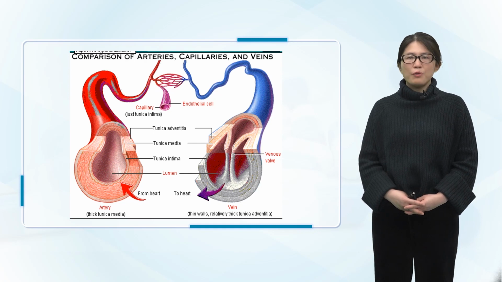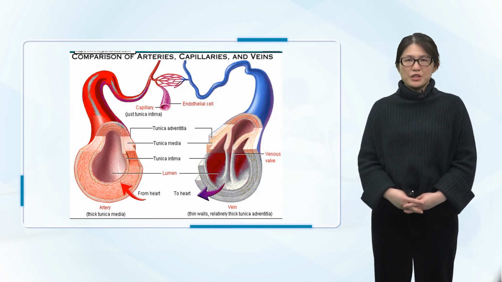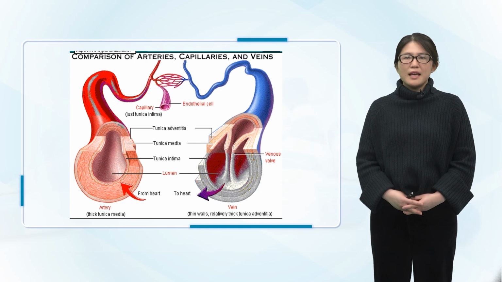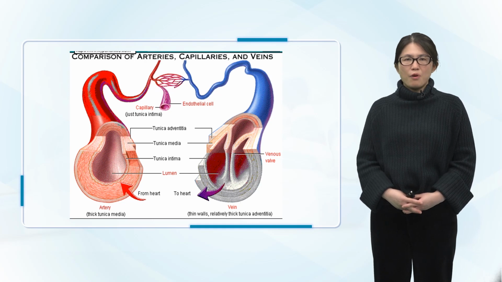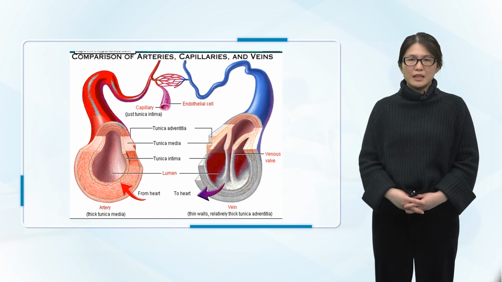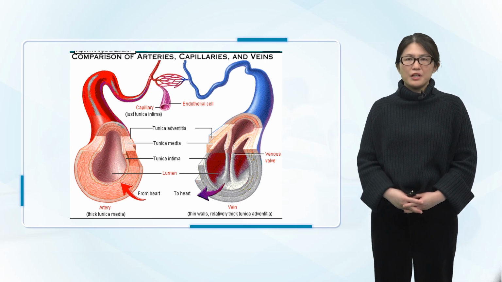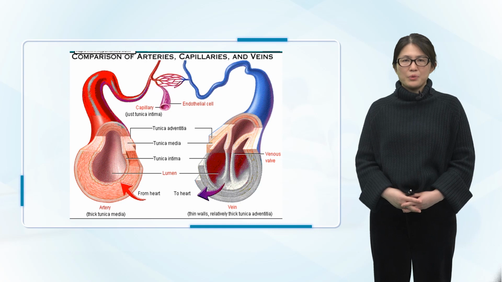The blood volume in the systemic circulation is about 84% of the total blood volume, of which about 64% are located in the venous system. About 13% are located in the large and middle arteries, and about 7% are located in the arterioles and capillaries.